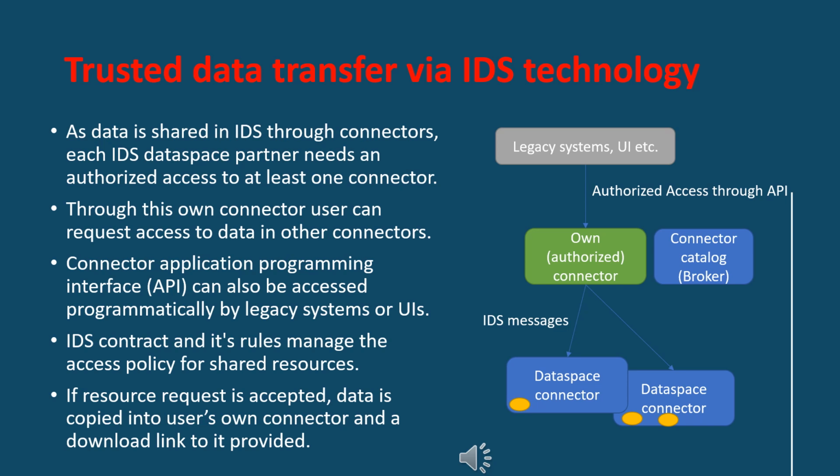Also, a connector application programming interface (API) can be accessed programmatically by legacy systems or a user interface. The IDS contract and its rules manage the access policy for shared resources. When a resource request is accepted, data is copied into the user's own connector and a download link to it is provided.